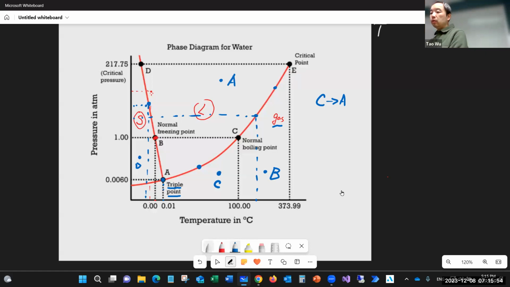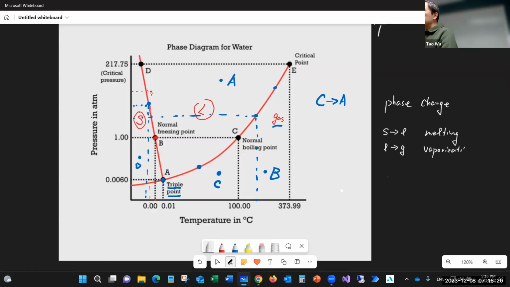So now I'm going to remind you of the six different names of the phase changes. From solid to liquid, this is melting. From liquid to gas, that's vaporization. From solid to gas, this is called sublimation.